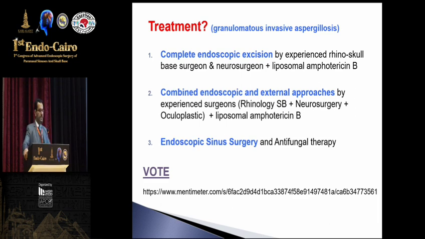It's going to be complete endoscopic excision, being a very experienced rhinology or skull base surgeon along with your neurosurgeon endoscopically, plus liposomal amphotericin B, or are you going to choose a combined endoscopic and external approach, which, as we have seen, different endoscopic external approaches will help your endoscopic sinonasal approach along with an experienced neurosurgeon, as we have seen from our great neurosurgeons presenting today, or are you going to go just for endoscopic sinus surgery with antifungal therapy, because you cannot do the intracranial portion properly.